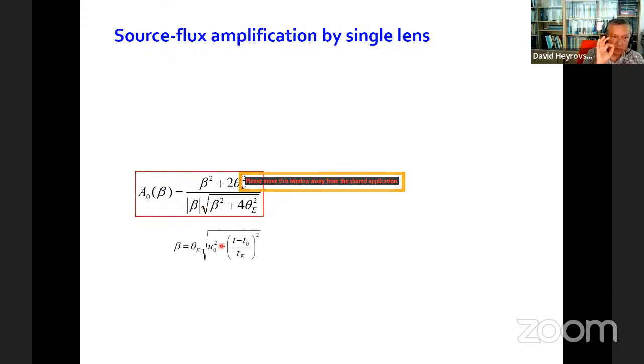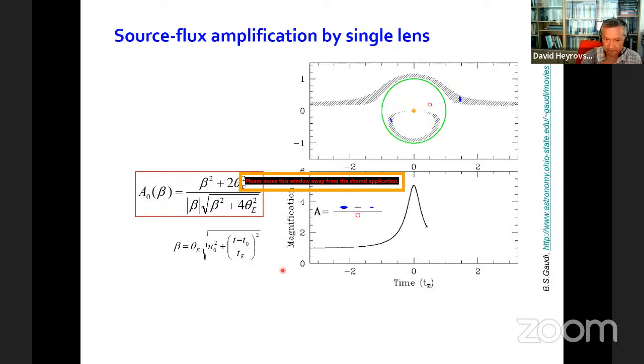If you have a lens moving in front of a background source, and if you approximate the trajectory by a straight line, which is usually enough, of course this displacement depends on time, and you can write it as this function where u0 is the impact parameter, t0 is the peak time, and t_E is the Einstein radius crossing time. So once you put this in, you can compute what the light curve looks like, and this is what you get. This is an animation by Scott Gaudi.